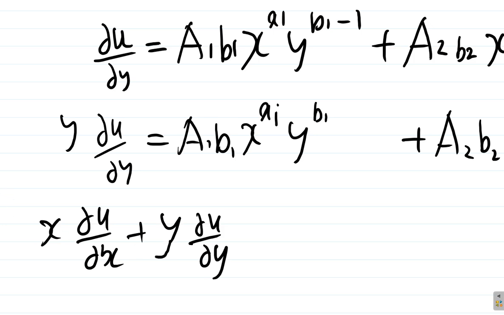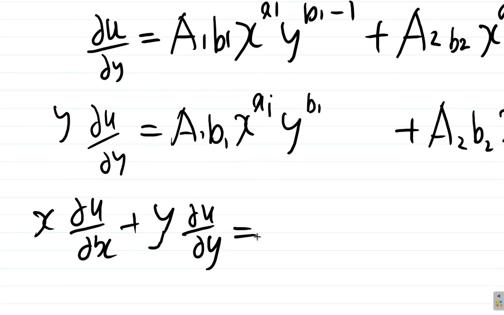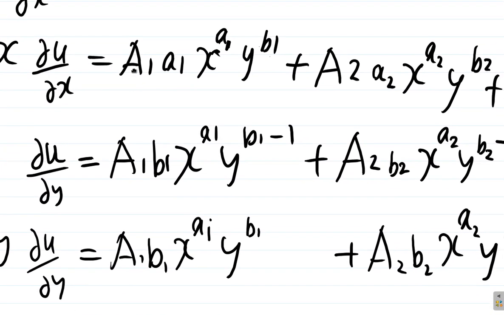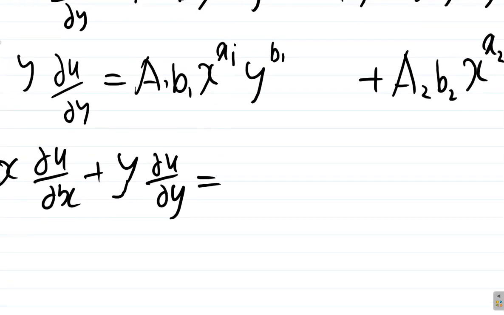What's going to happen? This is equal to, we have a1 x to the a1 y to the b1, plus.